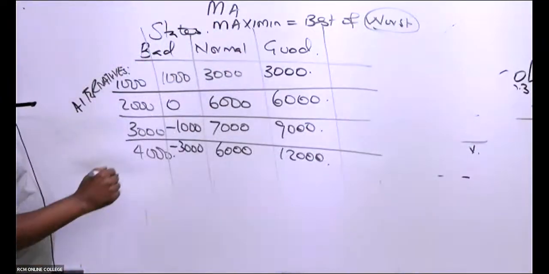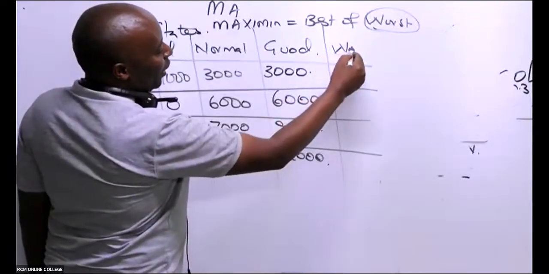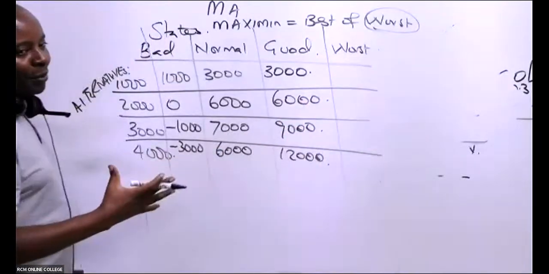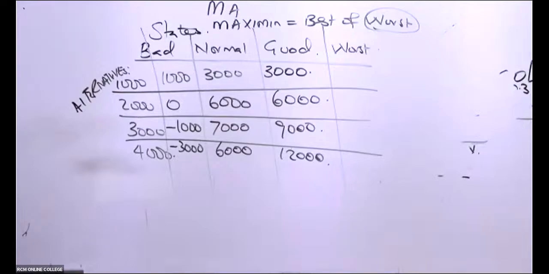So create a column here for the worst. Worst profit will be the lowest profit.